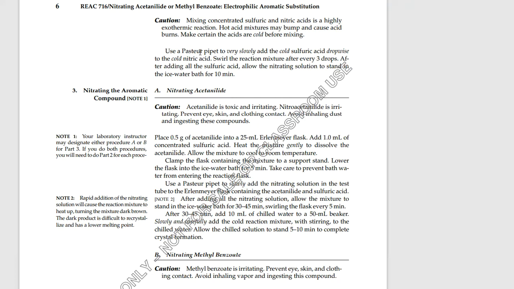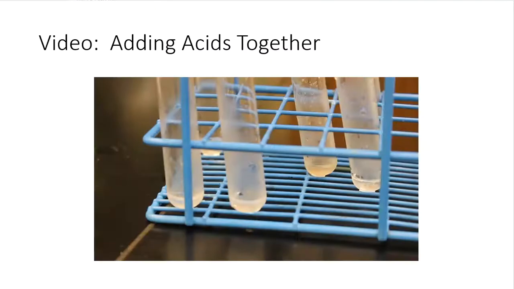Use a Pasteur pipette. Very slowly add the cold sulfuric acid dropwise to the cold nitric acid. Swirl it every 3 or 4 drops or so, and then after you add all of the sulfuric, allow it to stand in the ice bath for another 10 minutes. All right, so not a problem. That's pretty easy to do. I think I've got this. So here's a video of me just adding the acids together.